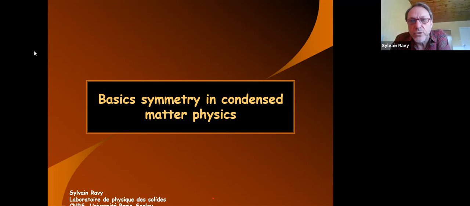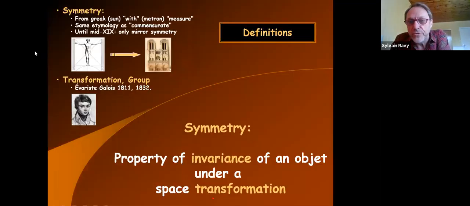So I know that you know what symmetry is. Symmetry is a property of invariance, of course, of an object. The object in condensed matter physics can be a crystal, but also other things, a liquid crystal, for example, whatever. Invariance under a space transformation.